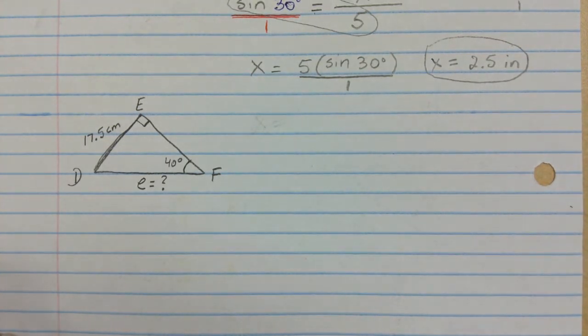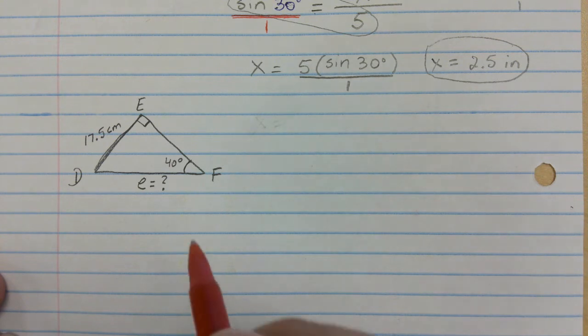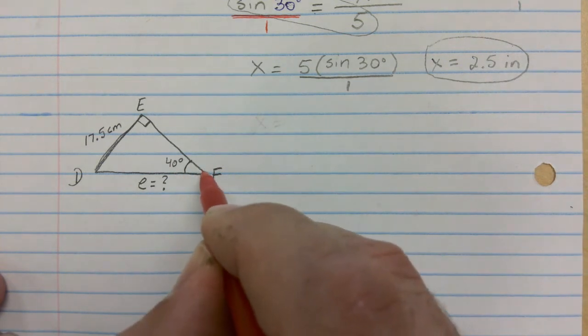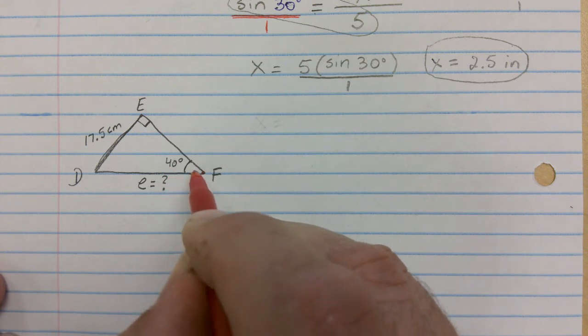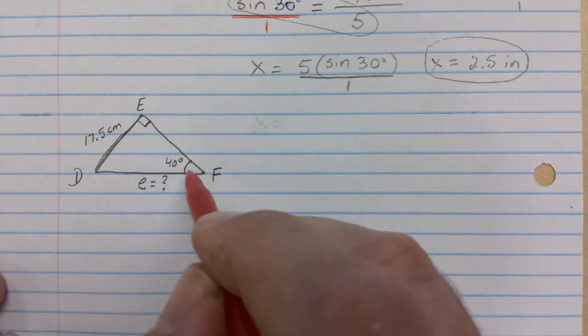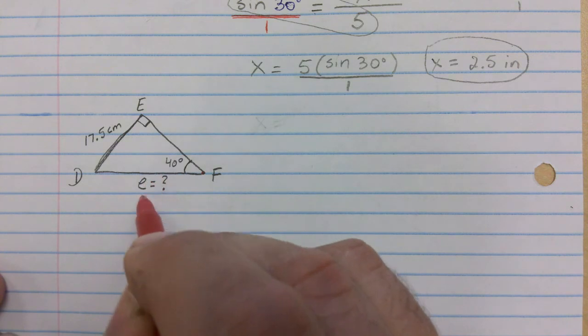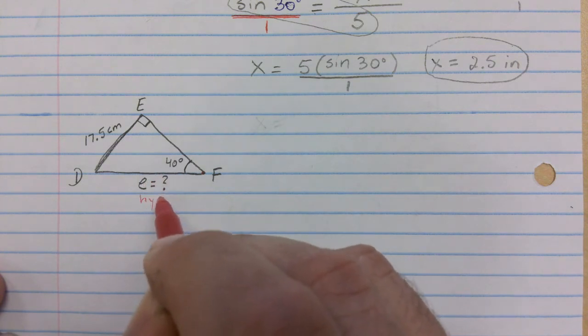And let's get started. So the first thing I'm going to ask you to do is always label. Label first. This is the angle in question here. This is my reference angle, so to speak, because that's the one they're giving me. So I'm situated here. So across the 90, this is the hypotenuse.